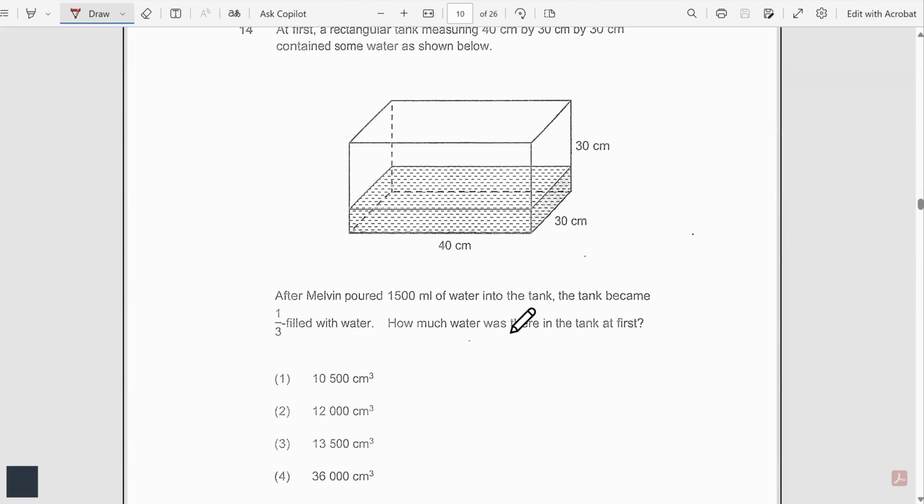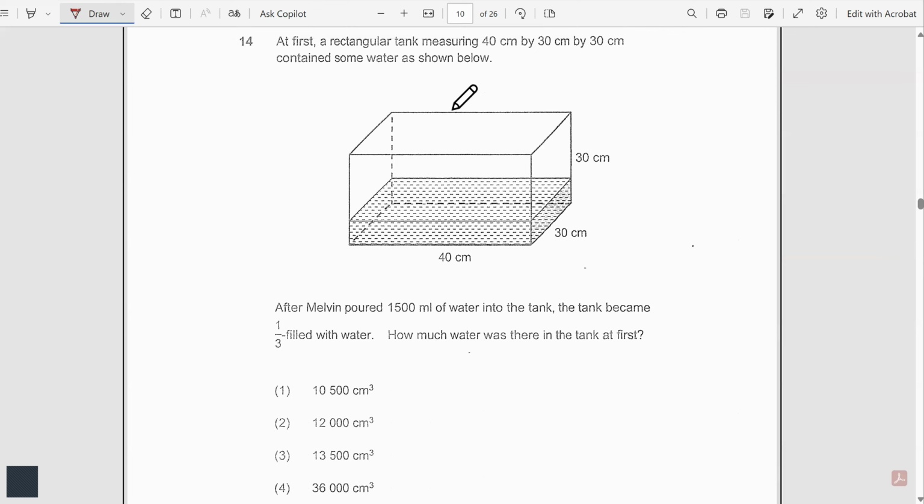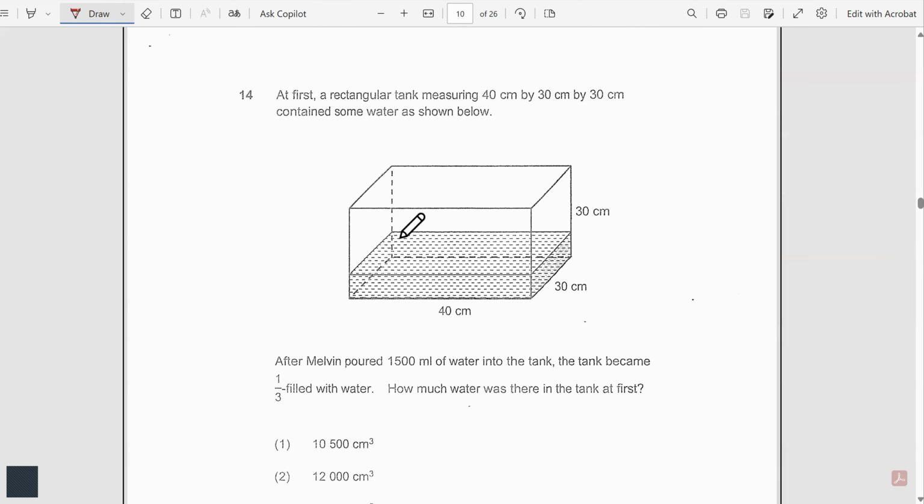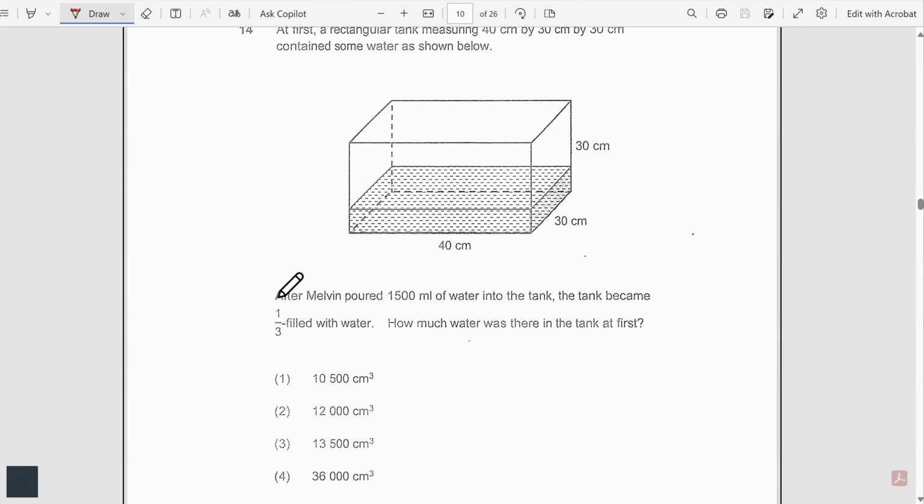Question 14. At first, a rectangular tank measuring 40 cm by 30 cm by 30 cm contained some water, as shown. After Melvin poured 1500 ml of water into it, the tank became 1/3 filled with water. How much water was there in the tank at first? Okay, so first, after pouring in some water, we know that the tank became 1/3 filled.